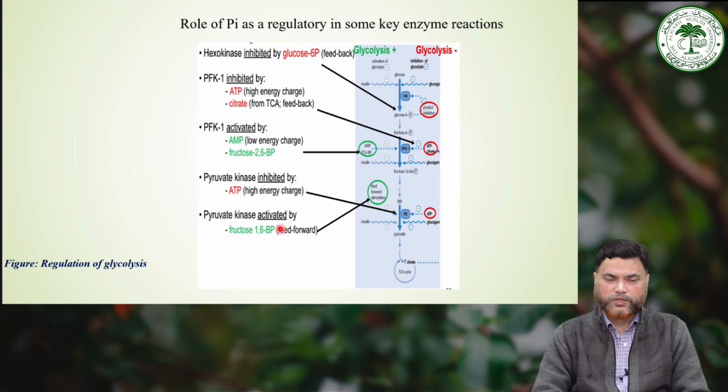In addition to this, the activity of pyruvate kinase is activated by fructose 1,6-bisphosphate. So you see how compounds containing phosphorus serve as switches to regulate a very important metabolic process, that is glycolysis.